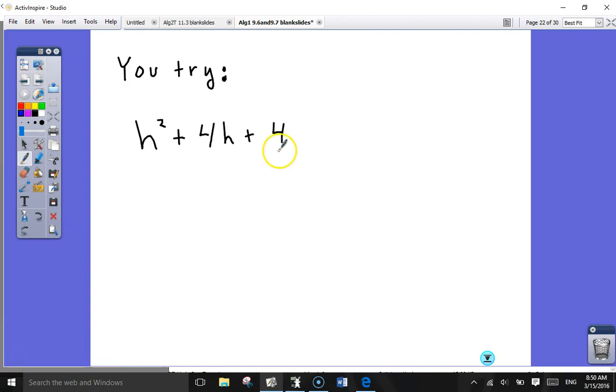Right? The factors of 4 that add up to 4 are 2 and 2. h plus 2 times h plus 2 is h plus 2 squared. So that's a perfect square trinomial.